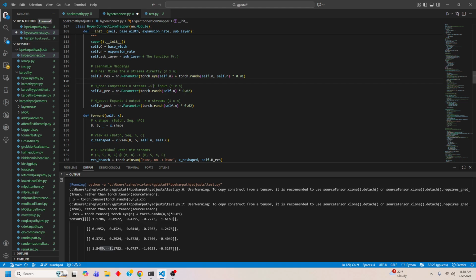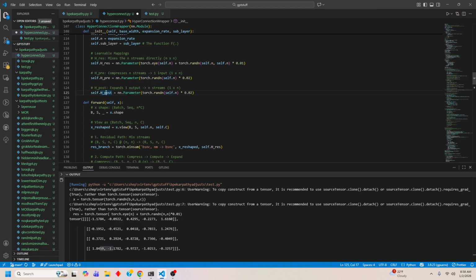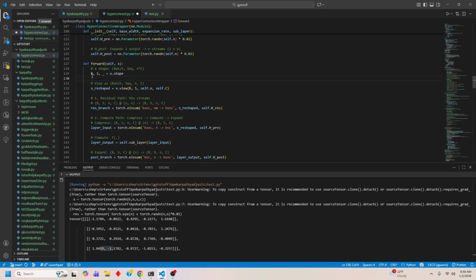This one will compress, and we'll see that in the forward. And then post: we compressed here, so we have to decompress here. So in the forward function, you get the shape, the batch, sequence, and then the N by C. We reshape it to batch, sequence, N and C, breaking out that embedding dimension.